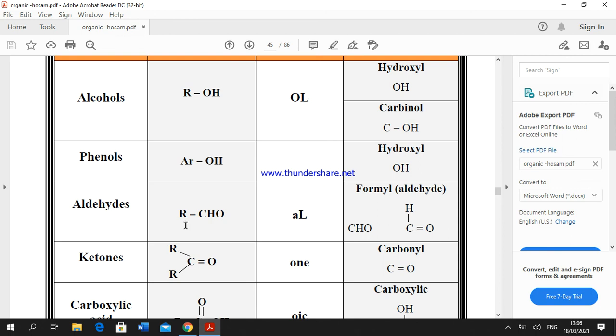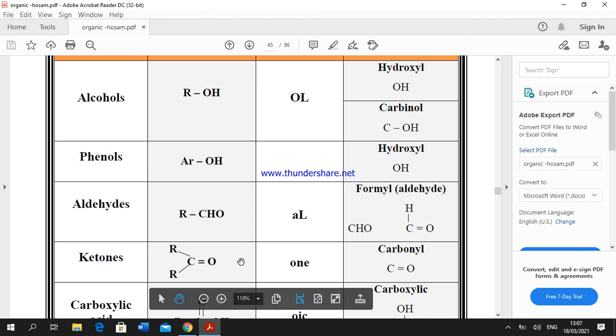And the name also comes from the corresponding alkane by changing E to AL, as ethane, when attached with a formyl functional group, changes into ethanal by replacing E with AL, okay.